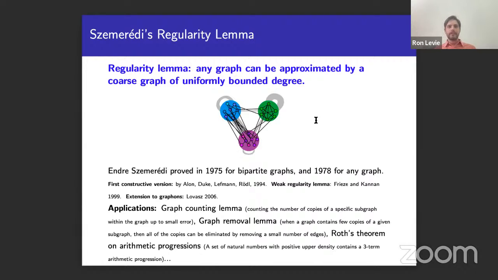For example, Noga Alon gave the first constructive proof, a polynomial time algorithm that computes this partition. The lemma also has many applications in pure mathematics. You can prove many theorems in graph theory and number theory using the regularity lemma.